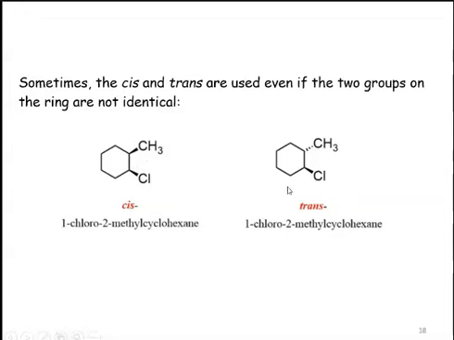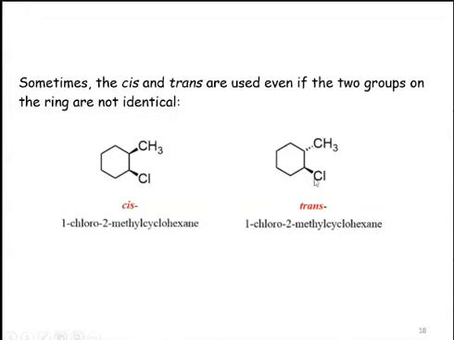Whereas in this case, the same structure, however, the orientation is a little bit different. In the same cycloalkane, the methyl group is lying away from the observer, whereas the chlorine atom is lying towards the observer. Both orientations are different. This is called cis orientation, and this type of orientation is called trans orientation, even though both the functional groups are not the same.